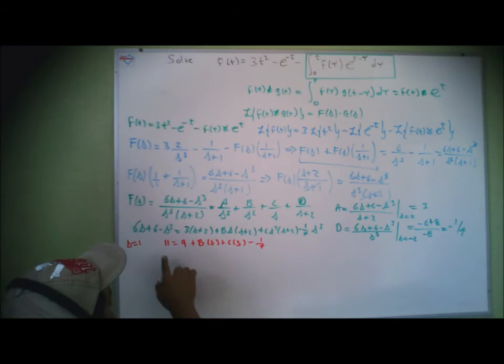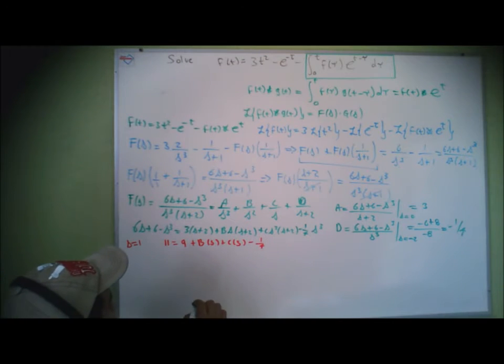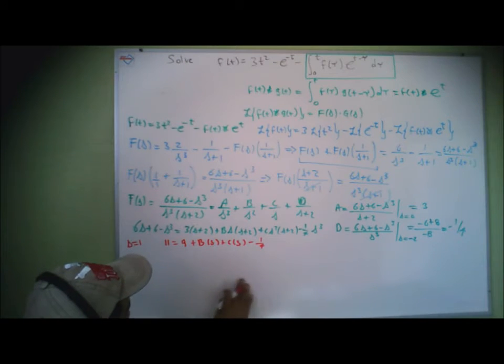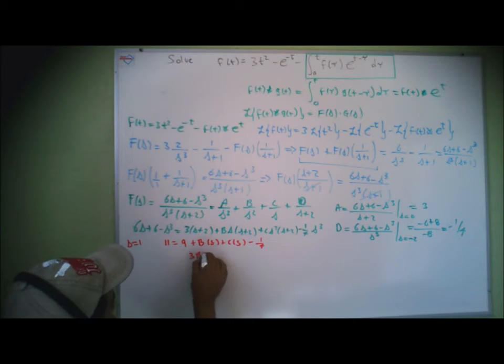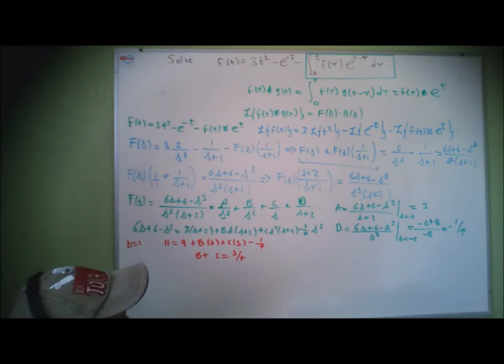Okay, so 11 minus 9 is going to be 2, plus 1/4. This 2 is going to be 8/4, so that is going to be 9/4. Okay, so 3B plus 3C is equal to 9/4. If we divide by 3, it's going to be B plus C equal to 3/4. Okay, so that is the first equation.